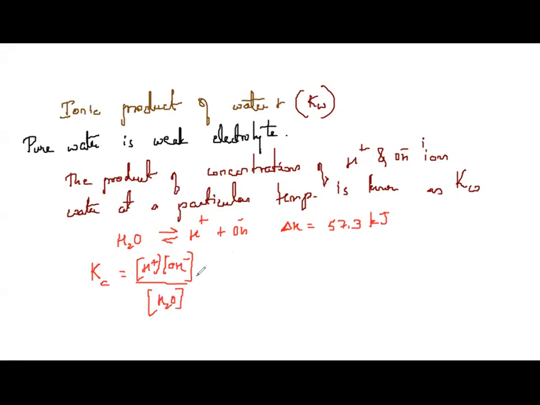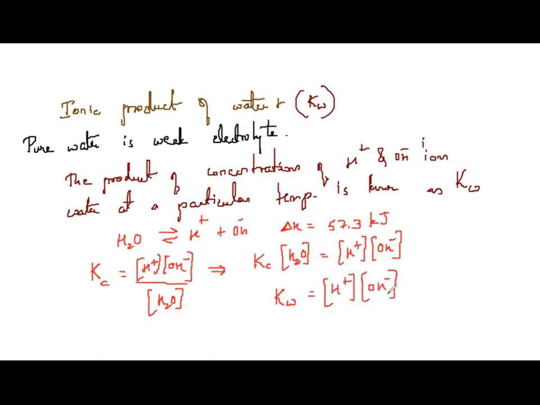Taking the H2O concentration to the other side, Kc times the molar concentration of water equals the molar concentration of H plus times the molar concentration of OH minus. Kc into the molar concentration of water can be written as Kw. Therefore, Kw is equal to the molar concentration of H plus ion into the molar concentration of OH minus ion.